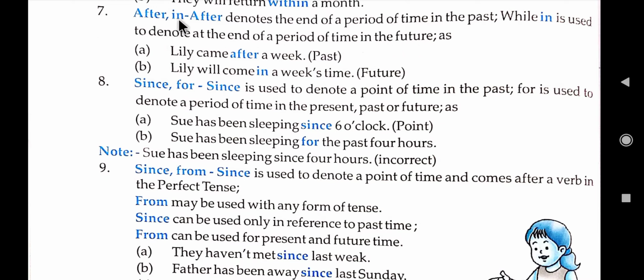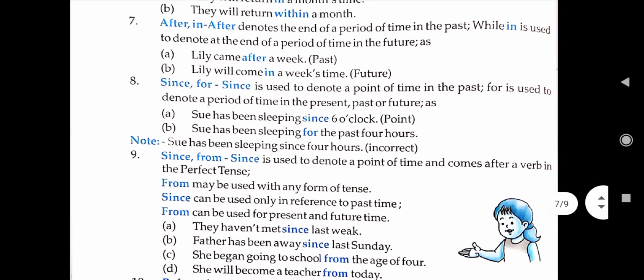So after is used for the past when something ends in the past, and in is used, as previously we learned, for some action that ends in the future. So now read this example. Lily came after a week. Past, so it means in the past she came after a week. Lily will come in a week's time, so in the future she is coming after a week.